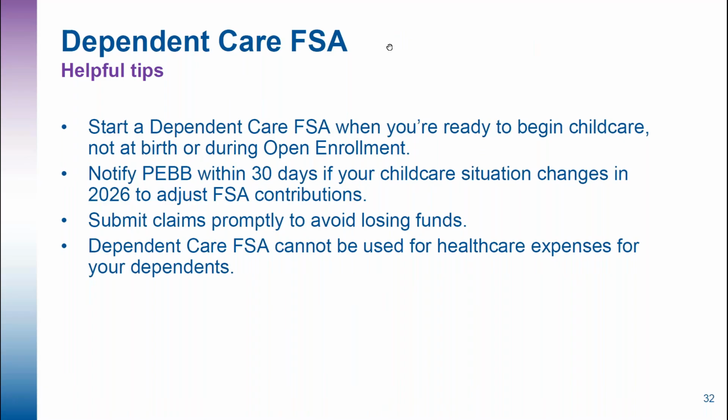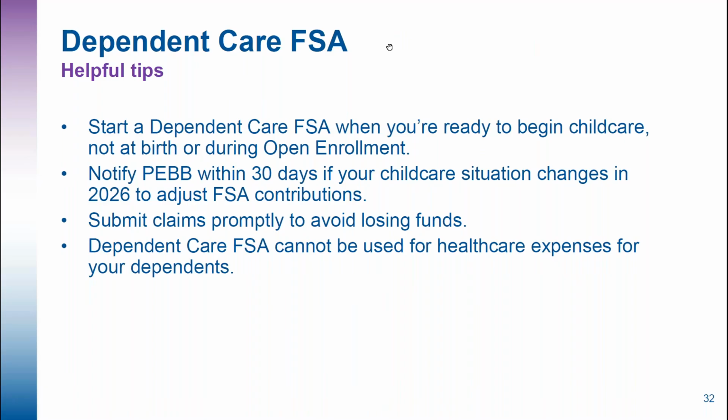And then when the baby goes into daycare, I'm going to have this money set aside. Don't do it that way. Wait until the baby is born and you are legitimately putting them in daycare.